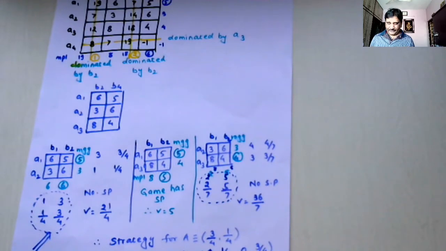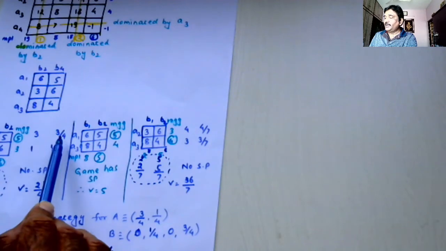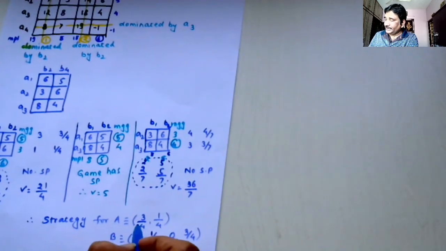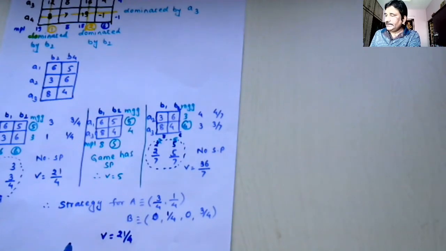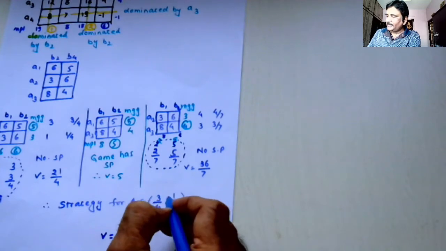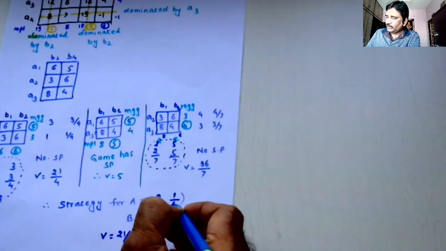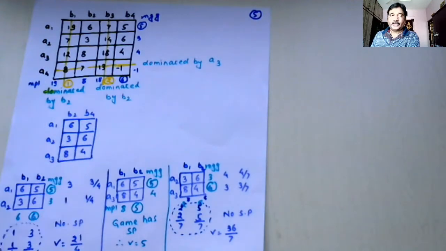So after having done this, now you are in a position to write the strategy statement for A and B. Strategy for A. A1 will be played 3 out of 4 times. This is a wrongly written strategy, I'll rewrite it. Strategy for A: 3 by 4, A2 will be played 1 by 4, but in the original problem you have A3 and A4 also.